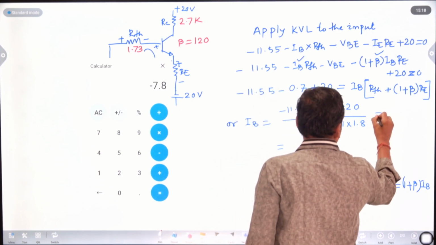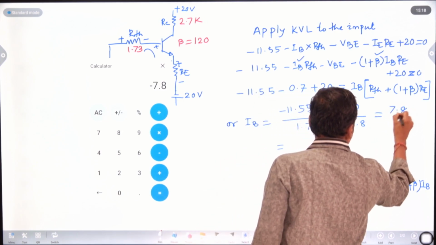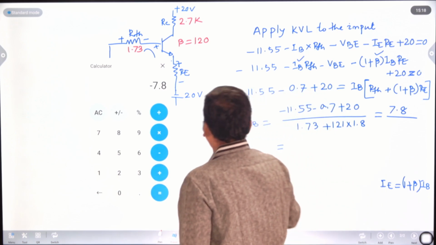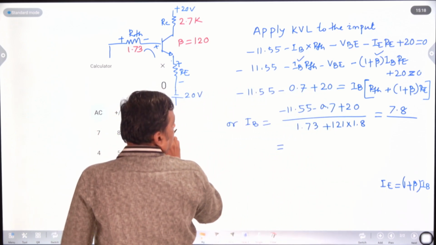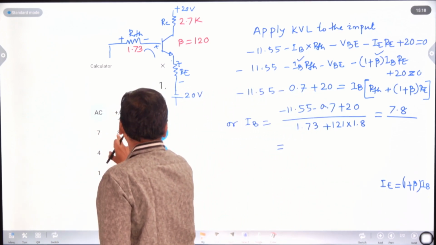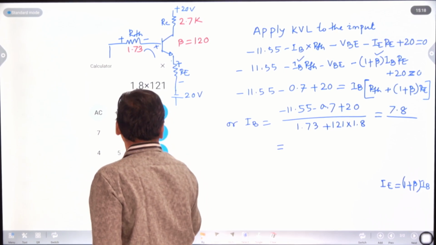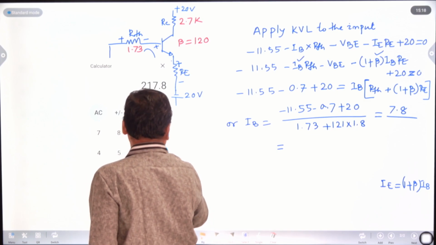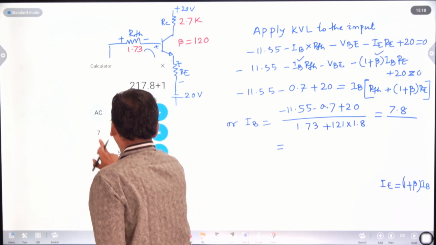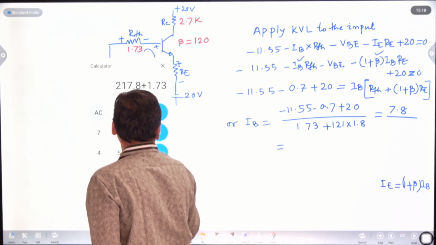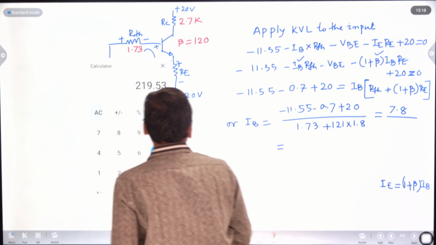That is 7.8 divided by 1.8 into 121, plus 1.73, the value is 219.53.